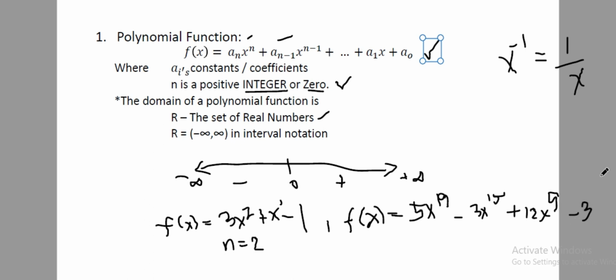This is still a polynomial function, where our n here is 19 and the exponents are all integers. So these two are examples of polynomial functions, and automatically their domain is the set of real numbers. There are lots of polynomial functions as long as they satisfy this requirement.